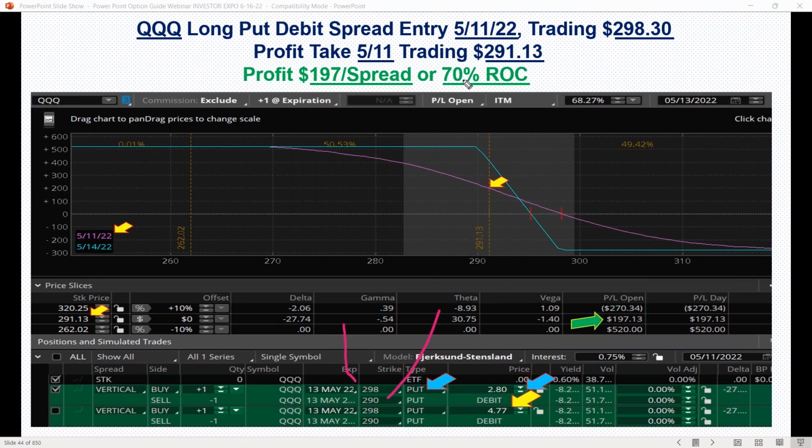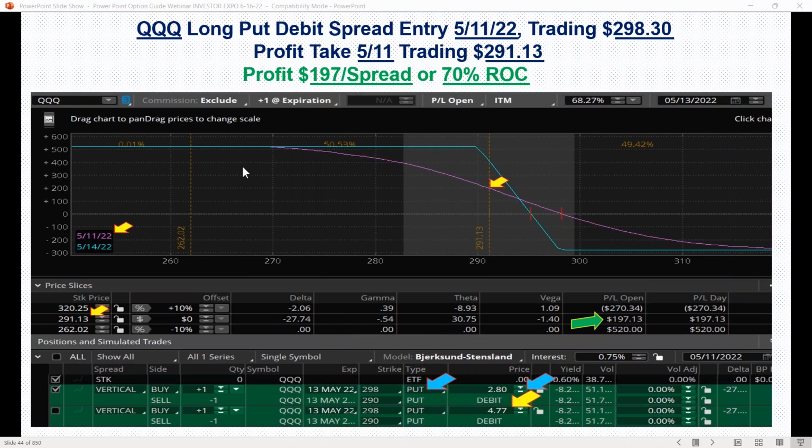So that was a 70% return, and that was the same day. We set this up when it traded at 298, and the same day it was trading at 291. So within that one day span, this was up $197 or 70% return, versus if you're trading futures or stock outright on the shares, you would not make anything close to that kind of return. So that is a look there.